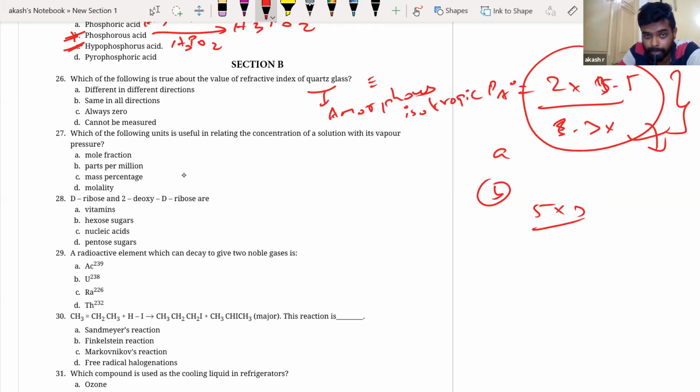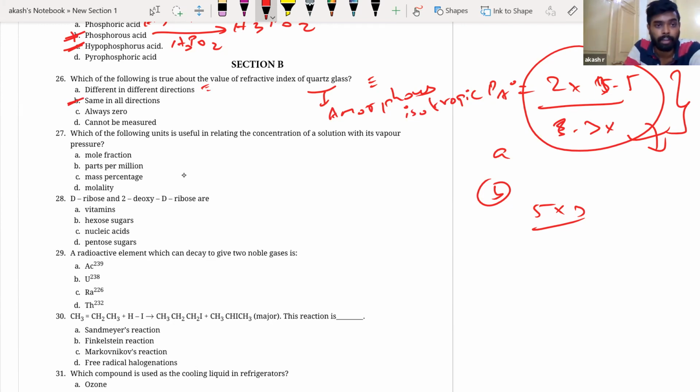What is isotropic, people? The properties are the same in all directions. So the answer to this question is same in all directions. But if it was, say, a crystalline compound, then it would have been different in different directions. But since it is amorphous quartz glass, it is going to be isotropic.